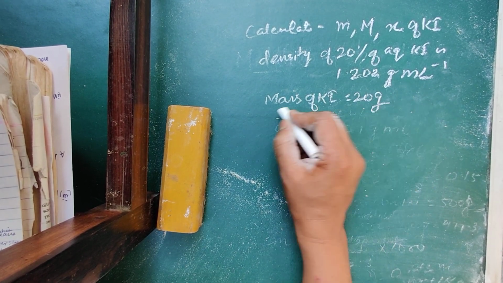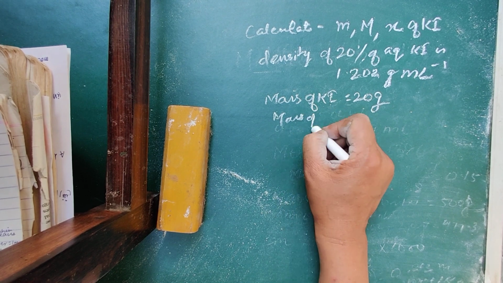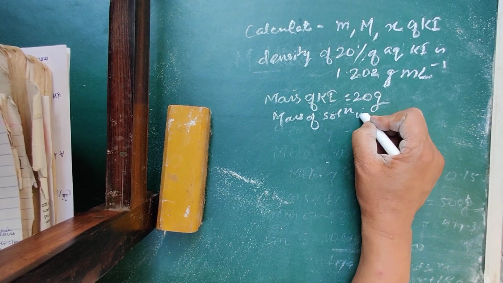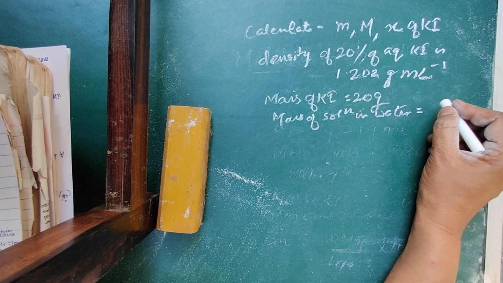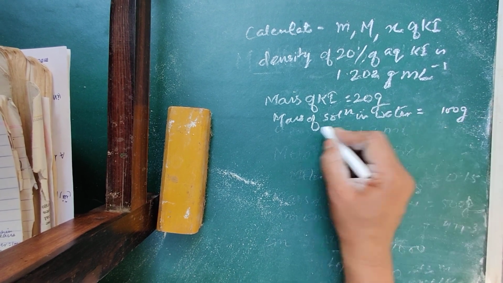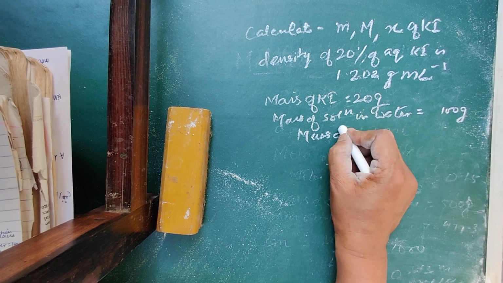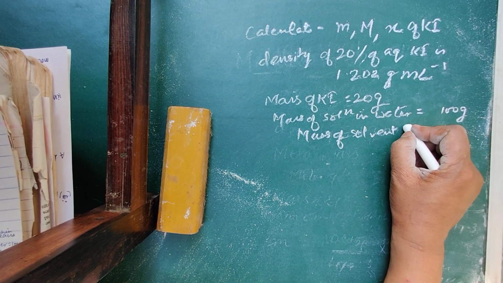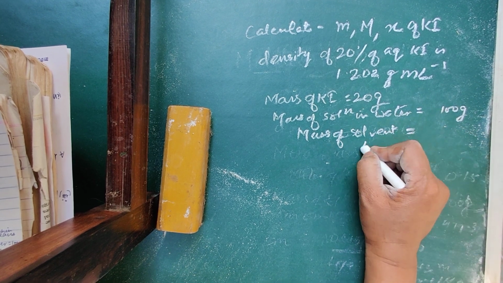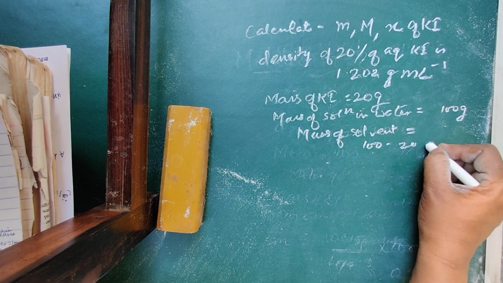20 gram. Mass of solution in water will be 100 gram. So mass of solvent in water will be 100 minus 20, that is 80 gram.